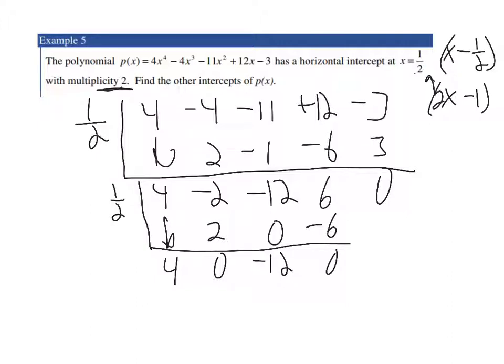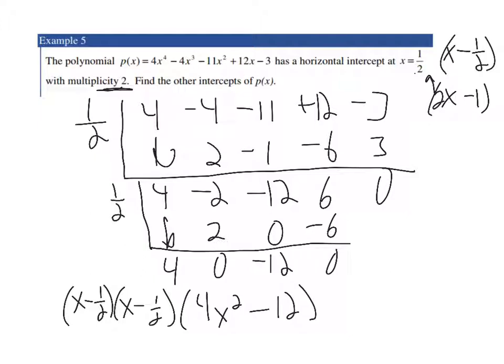So that leaves me with x minus 1/2 times x minus 1/2 times 4x squared minus 12. I know it's a squared term because I divided off an x to the first twice, so that reduced to a quadratic: 4x squared plus 0x minus 12.